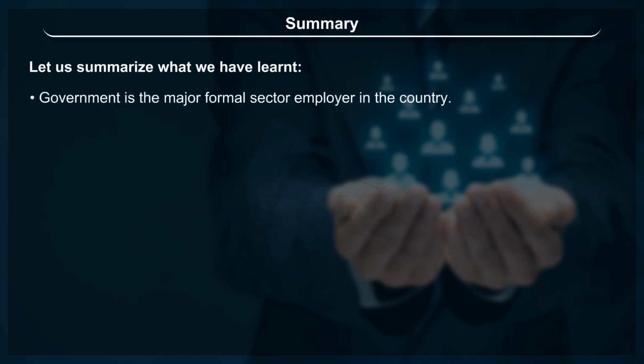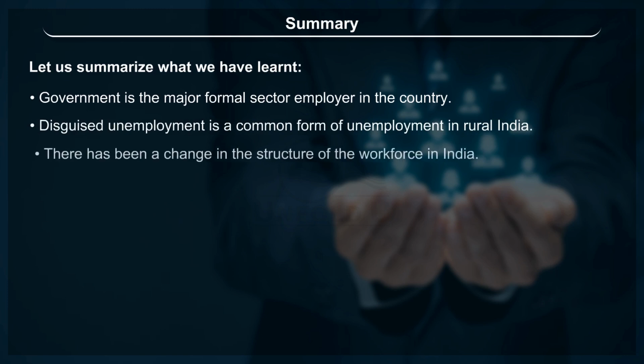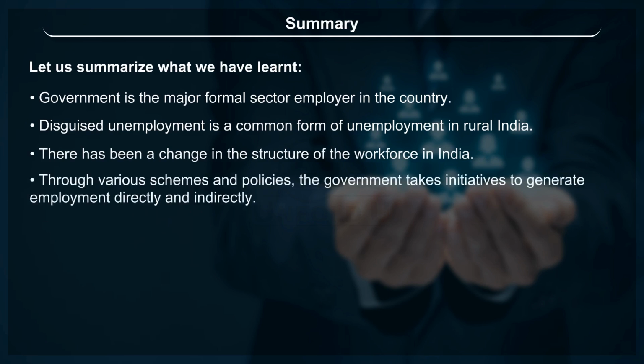Government is the major formal sector employer in the country. Disguised unemployment is a common form of unemployment in rural India. There has been a change in the structure of the workforce in India. Through various schemes and policies, the government takes initiatives to generate employment directly and indirectly.